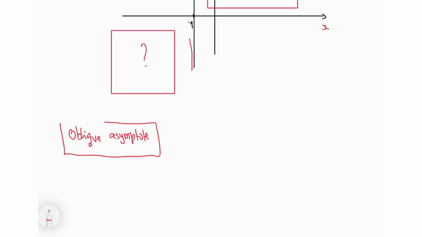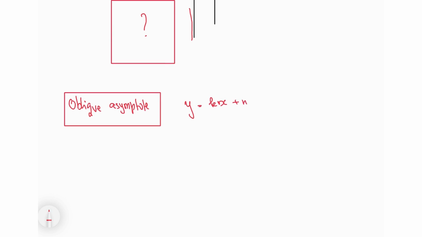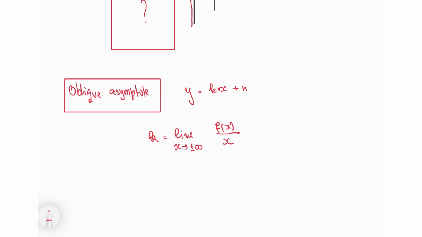Those are the straight lines of the form y equals kx plus n, where k is obtained as the limit when x approaches plus infinity and also minus infinity separately, of f of x over x, and n is obtained as the limit when x approaches plus minus infinity of f of x minus k times x.